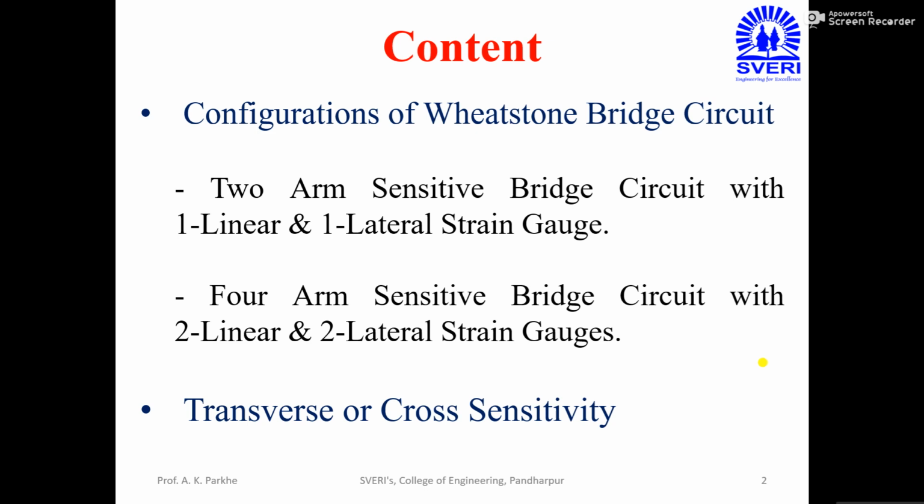Similarly, in the four arm sensitive bridge circuit we discussed in the last lecture, all four strain gauges were linear strain gauges. But now we are discussing the output of the four arm sensitive bridge circuit in which two of the four strain gauges are linear strain gauges and the remaining two are lateral strain gauges.